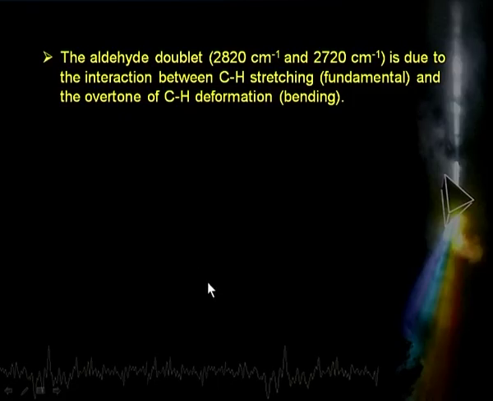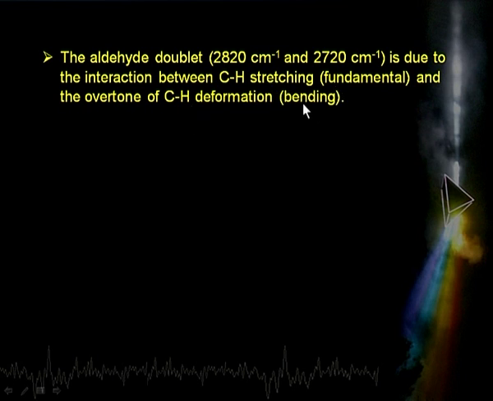And we have a very interesting example here. This is very characteristic, one must keep it in mind, that whenever you make use of an IR spectrum, and if you get a doublet there, doublet means two bands at about 2820 centimeter inverse and 2720 centimeter inverse, this is very typical of the CH stretching fundamental and CH deformation bending.